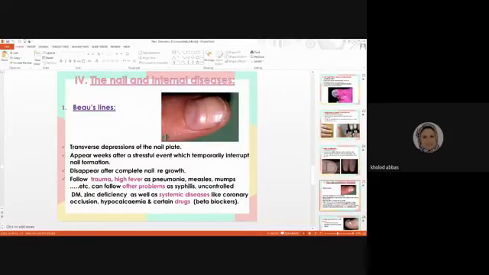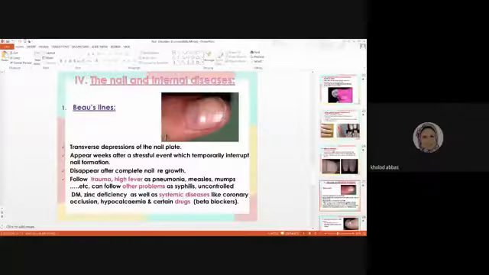Our fourth section today is nail and internal disease. As an example, we have Beau's lines. Beau's line is a transverse depression of the nail plate that appears weeks after a stressful event, which temporarily interrupts nail formation.